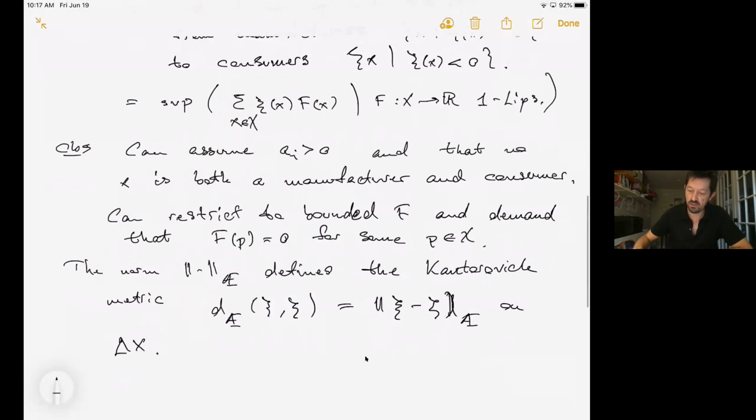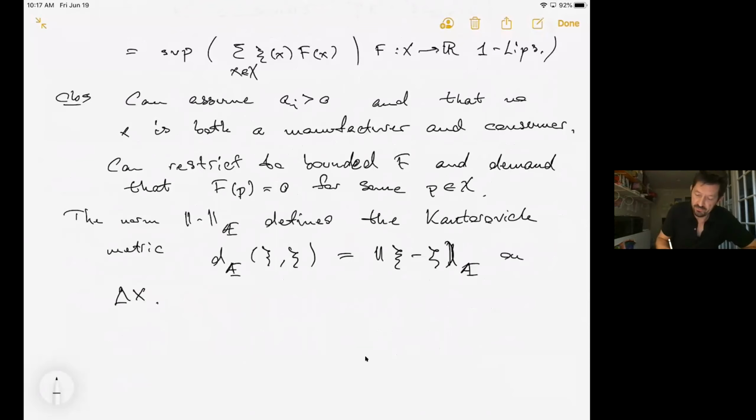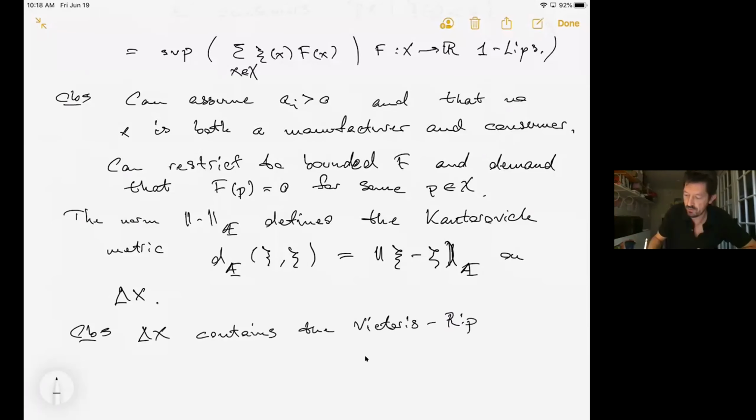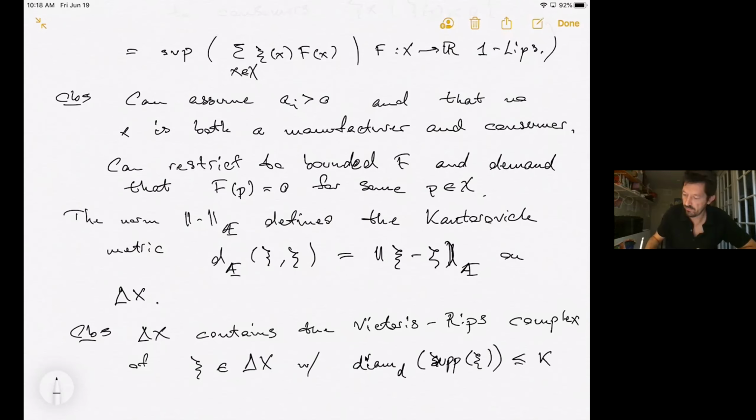Now, what's the use of the space? Well, one indication is that Delta of X contains the Vietoris-Rips complex of psi in this Delta of X with the diameter d of the support of psi being bounded. Okay.